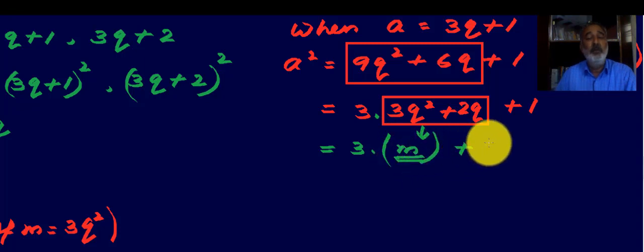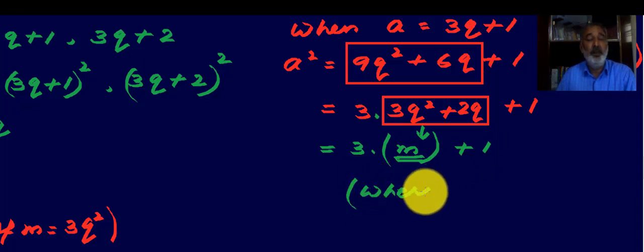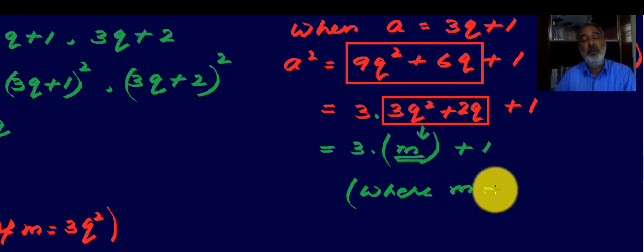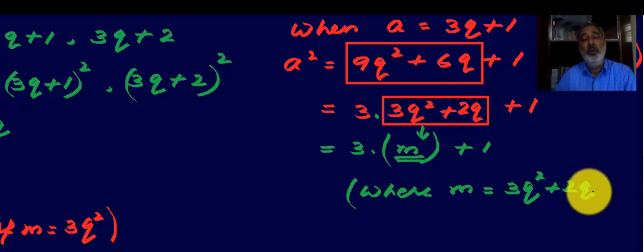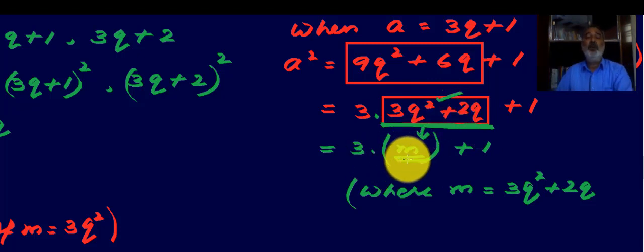Plus 1. What is this form? This form is 3m plus 1. You have to mention here that the value of m is 3q square plus 2q. I have enclosed this value in a box. This total number has been given a unique value of m. Clear? You have to substitute this value here. So this number can be of the form 3m plus 1.